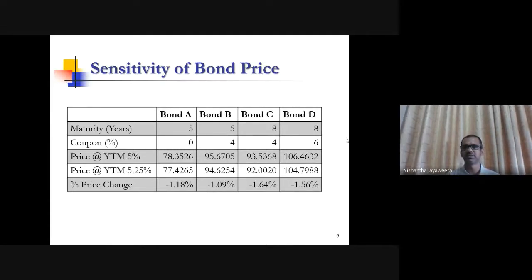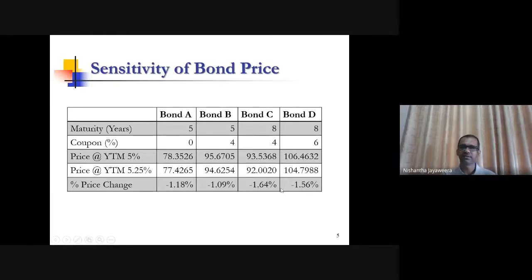As I mentioned earlier, don't try to chop it to 2 decimal places, because if you multiply this by millions or billions, the ultimate price change may be thousands or 100,000s. So these are the price changes.